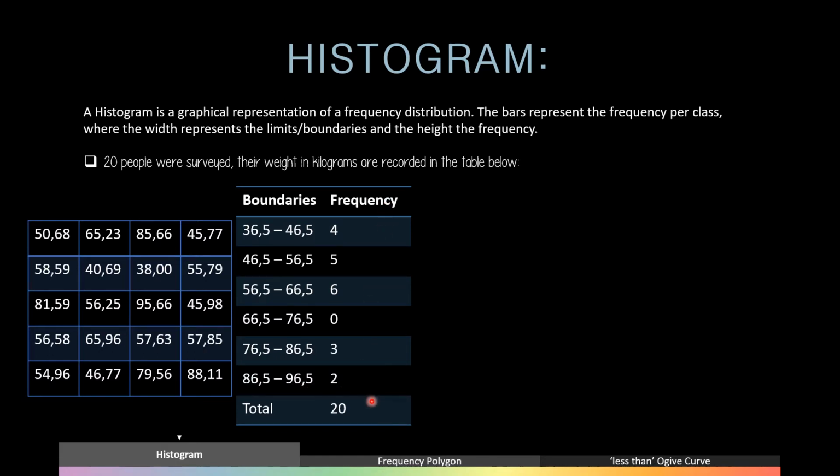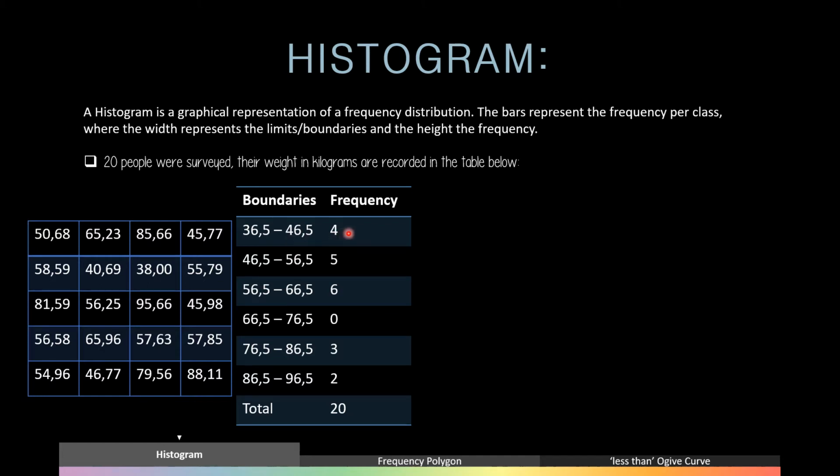Just a quick insight into how we would interpret this table. Our frequency distribution is telling us how many people have a weight between these boundaries, where our lower boundary is included and the upper boundary is not included. What do I mean by this? When we're going through our data set and identifying the values that fall within this range, we're going to identify values that are greater than or equal to 36.5, but less than 46.5.